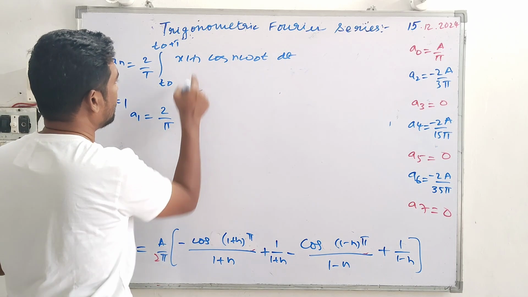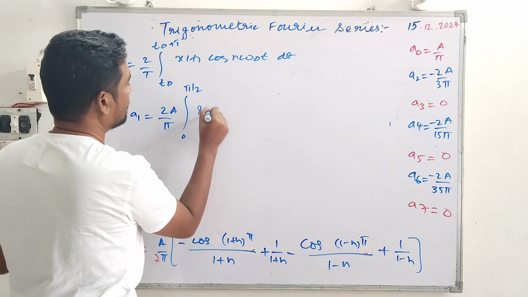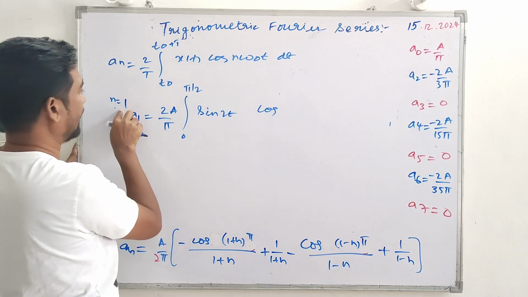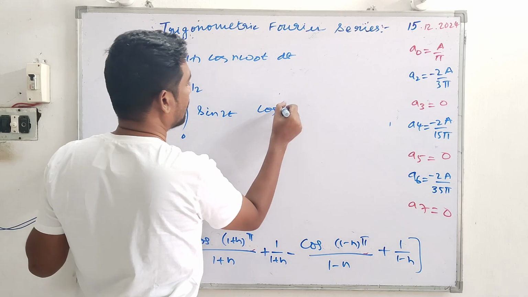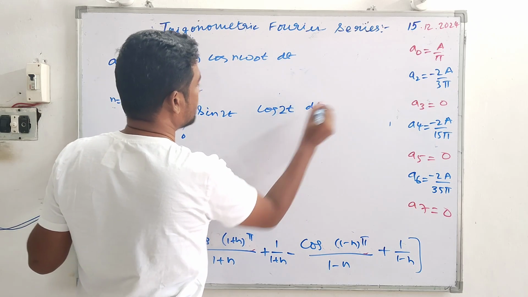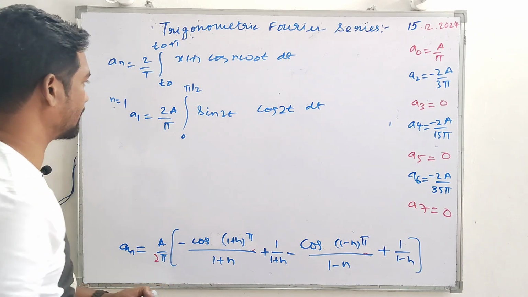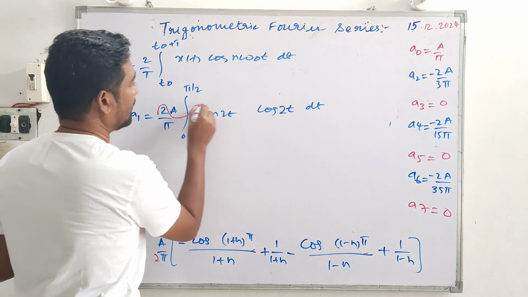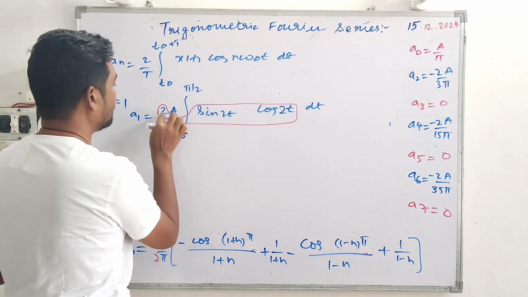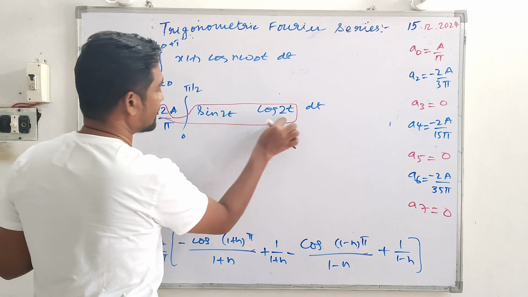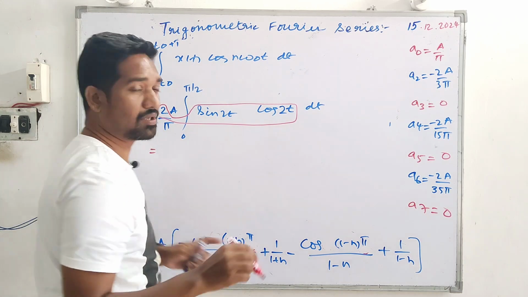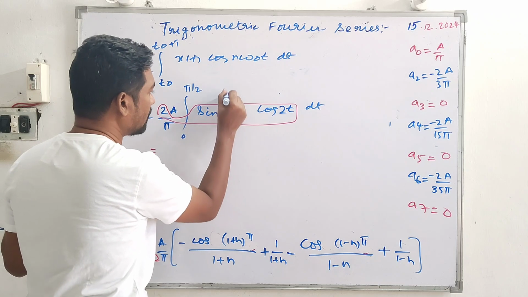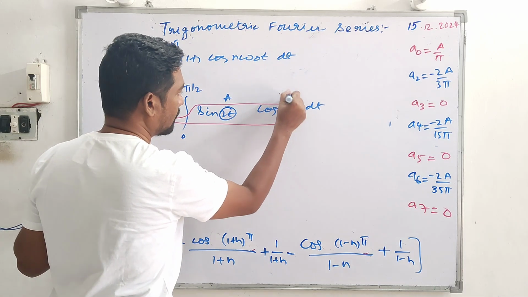X of t is A sine 2t, cos n equal to 1, and omega naught is 2t dt, and another trigonometric identity has come in over here, including this 2: 2 sine A cos A, which is sine 2A, isn't it? And now A is 2t over here, please don't get confused.